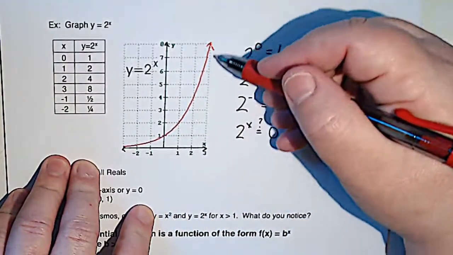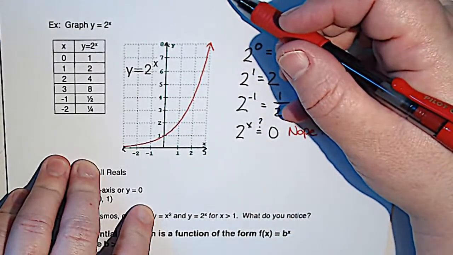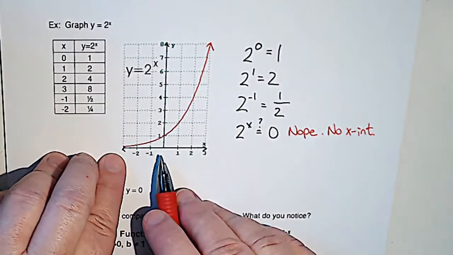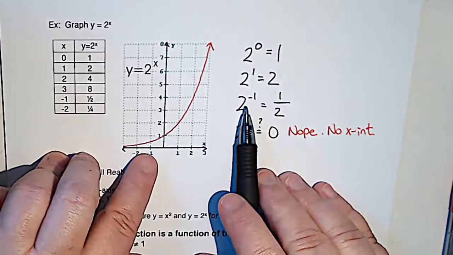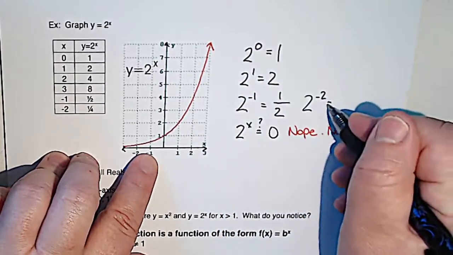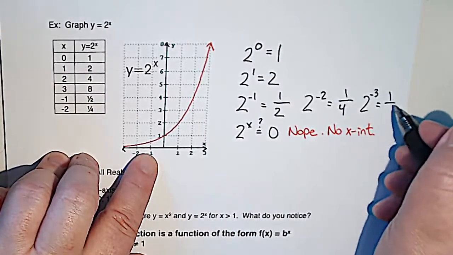y gets very large. It's heading up quite fast. But over here on the left, these are negative values of x. So 2 to the -1st is 1/2, 2 to the -2nd is 1/4, 2 to the -3rd is 1/8.